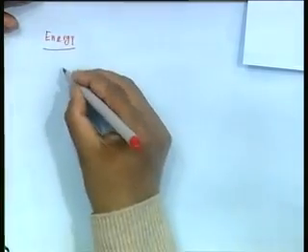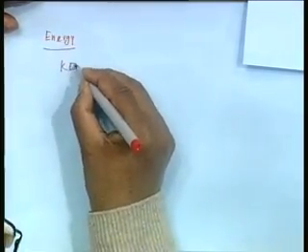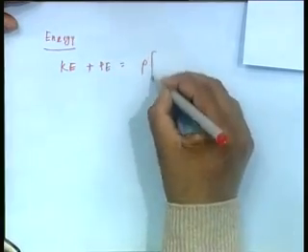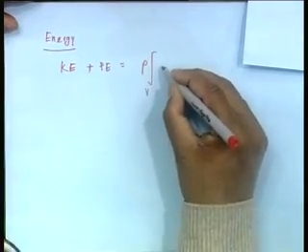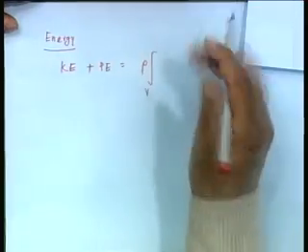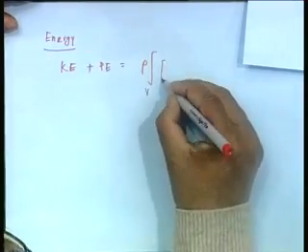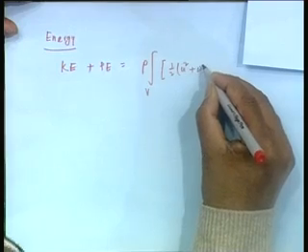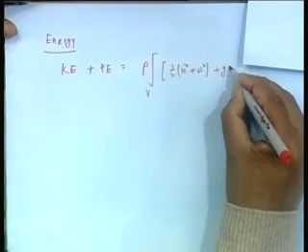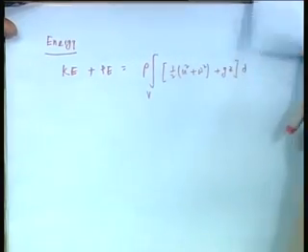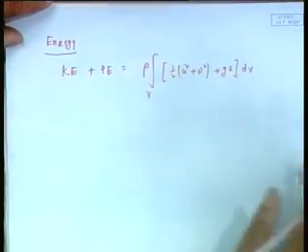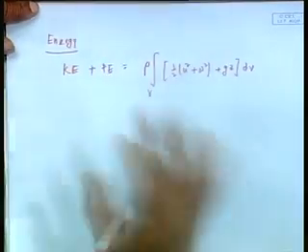Obviously, the energy expression, if you do kinetic energy and potential energy, will be an integration over volume of velocity square and position. Now, this is the total energy.